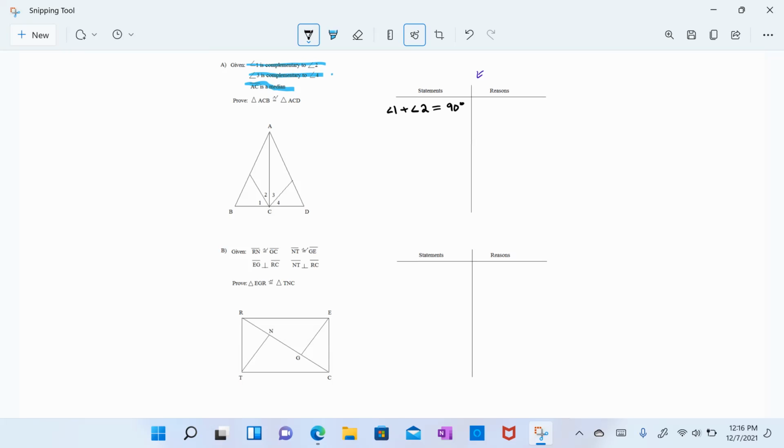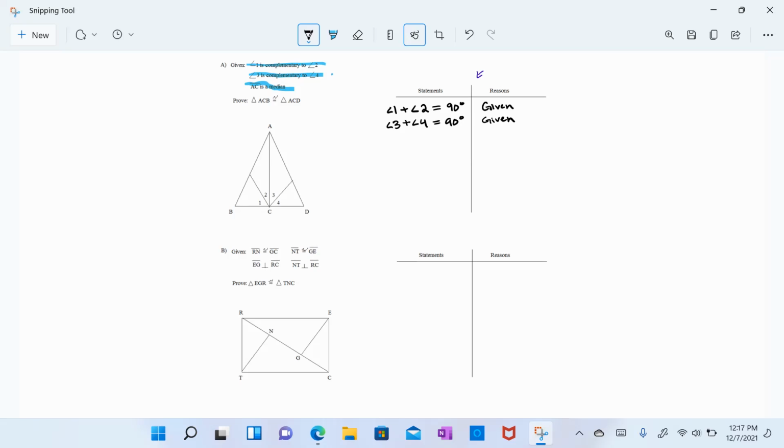That is the definition of being complementary. So we're going to put that as given. We also know that by the same rule, angle 3 and angle 4 are going to be equal to 90 degrees as well, because that is also given.